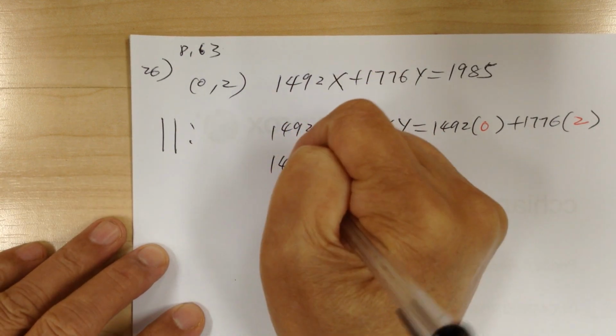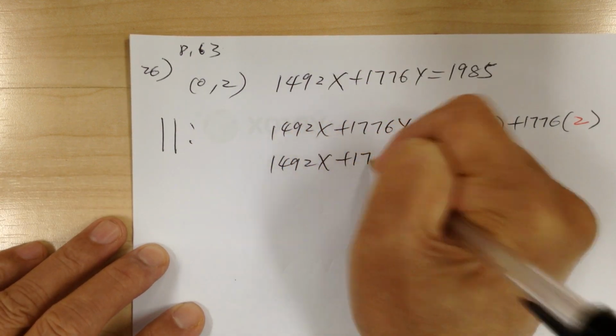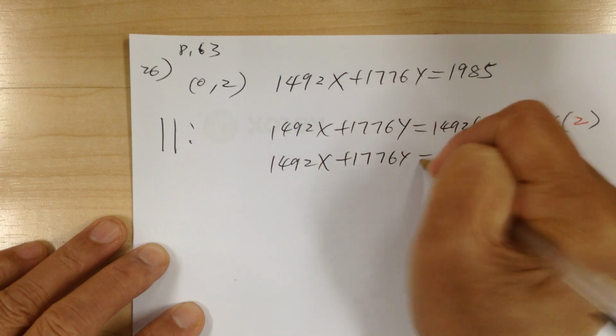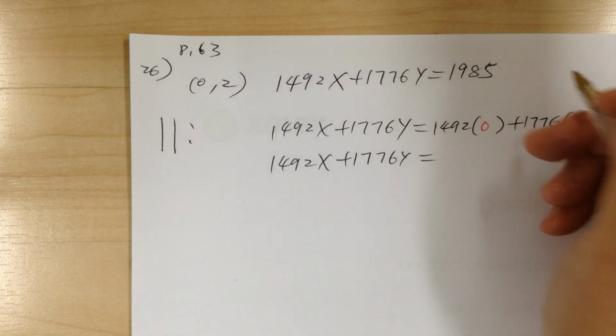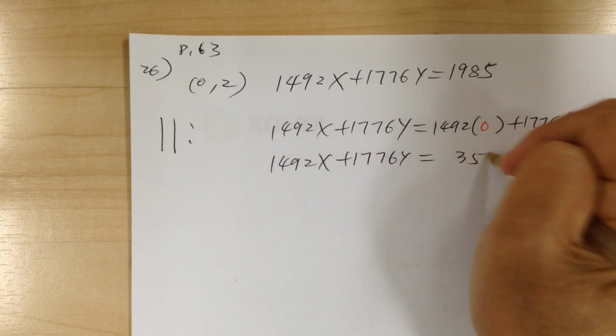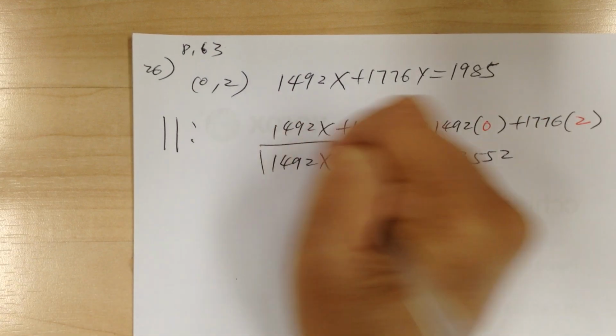So you're going to get 1492x plus 1776y equal to, okay, get your calculator, you multiply out, and you're going to get 3552.